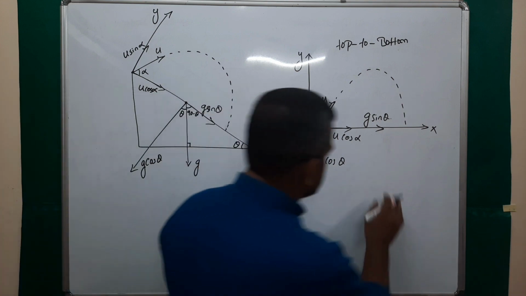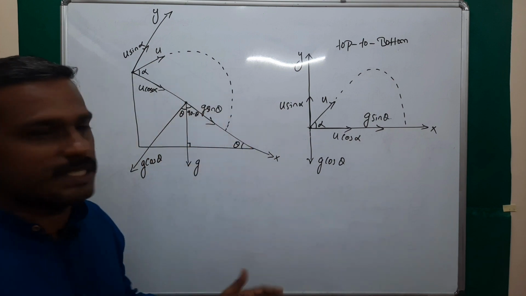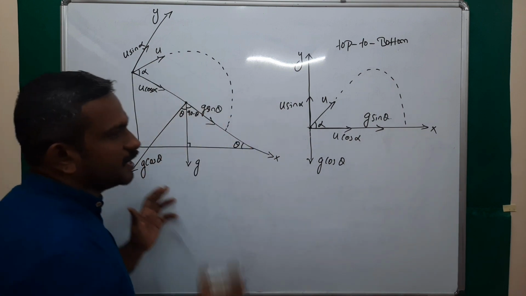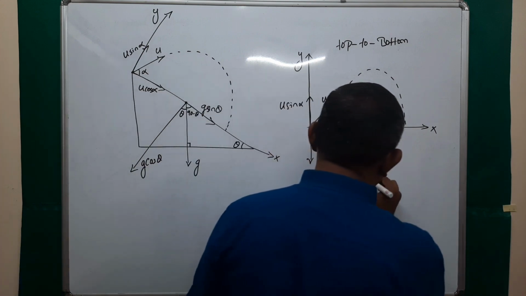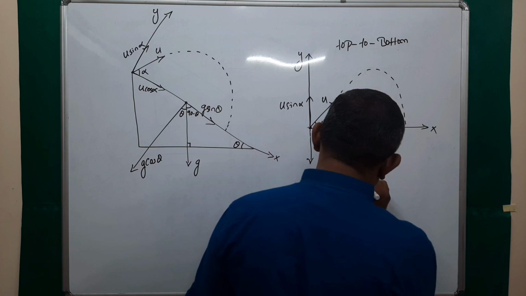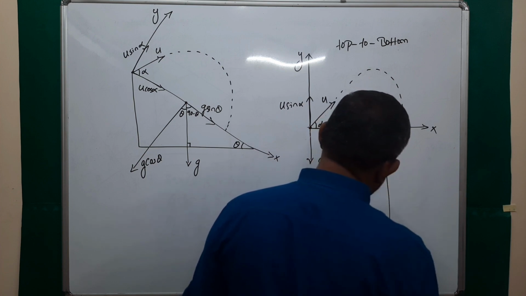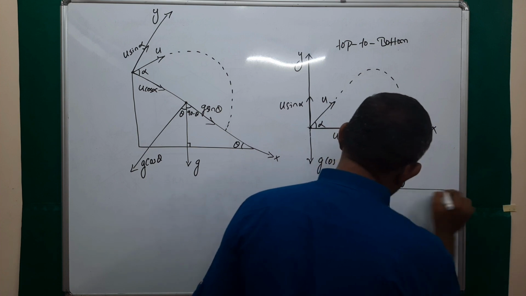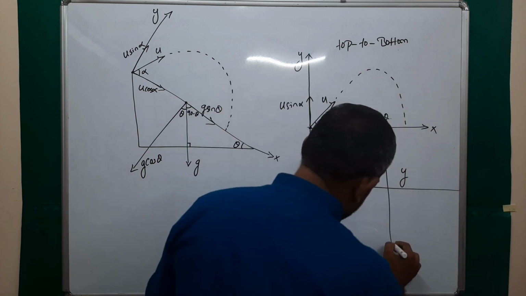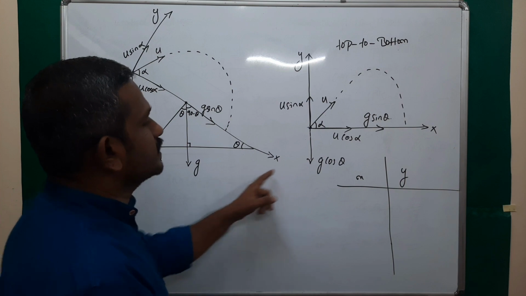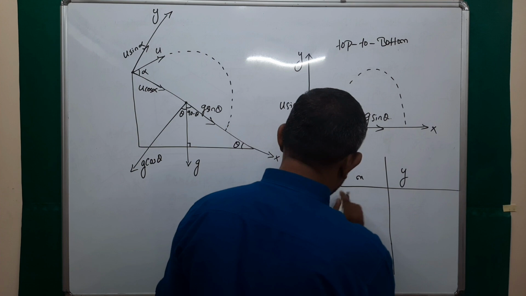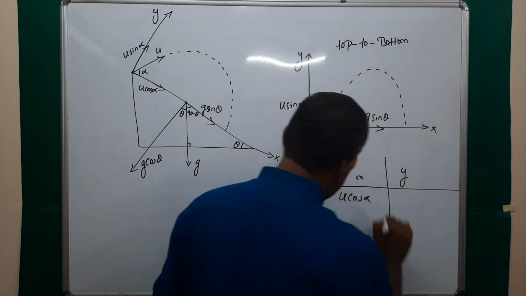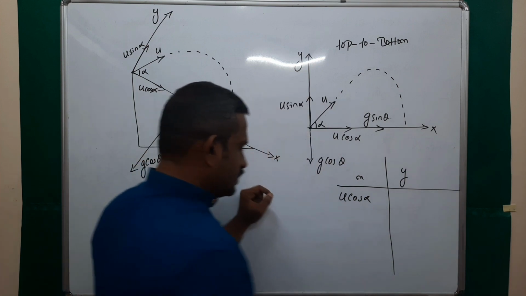Now the motion of the projectile is the combined motion, vertical motion as well as horizontal motion. We can analyze this along x and y. What is the velocity in the x direction? That is u cos alpha, the initial velocity.